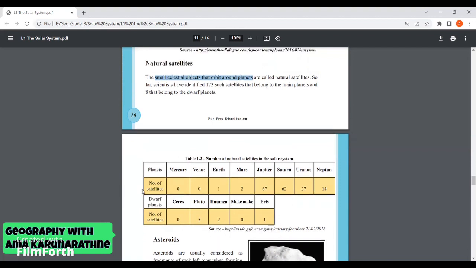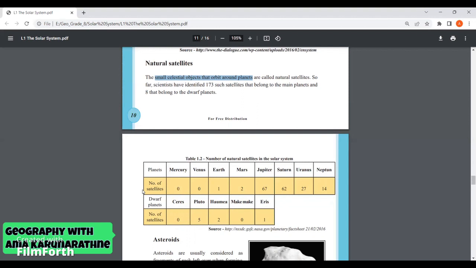Remember, some of the planets do not have natural satellites. What are they? Mercury and Venus, and Ceres also has no natural satellites around it. Natural satellites, in simple terms, are the moons that we can see in our night sky.